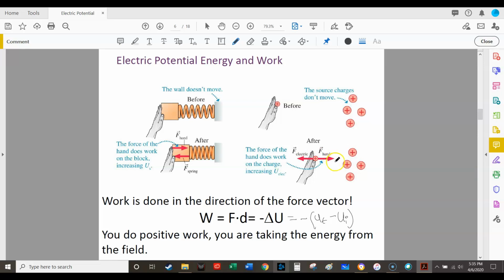So you're doing positive work, and in a weird way, these source charges are doing negative work when you're moving the test charge closer to them. Then when you let it go, these source charges push the test charge back away, and so now they're doing positive work. Okay.